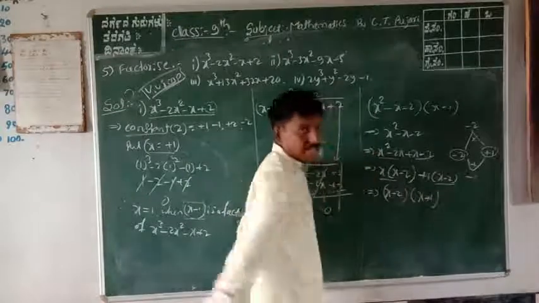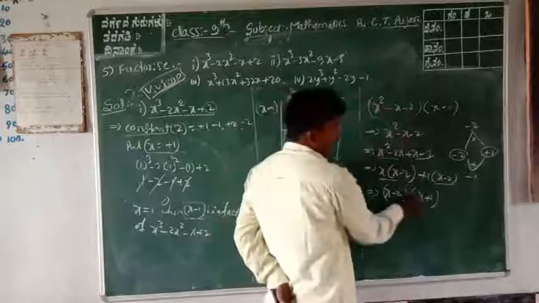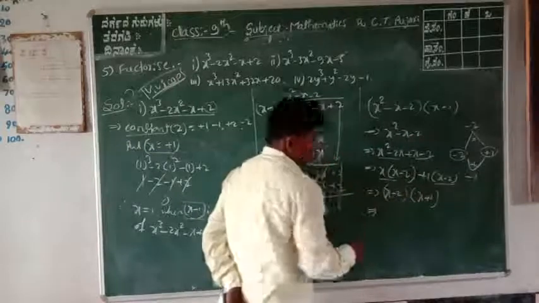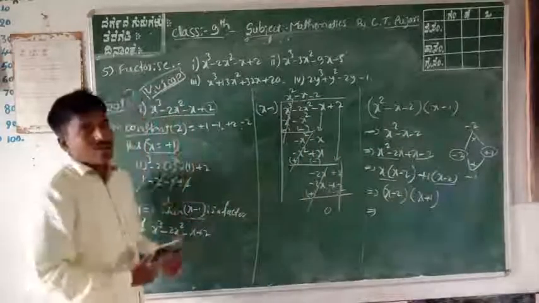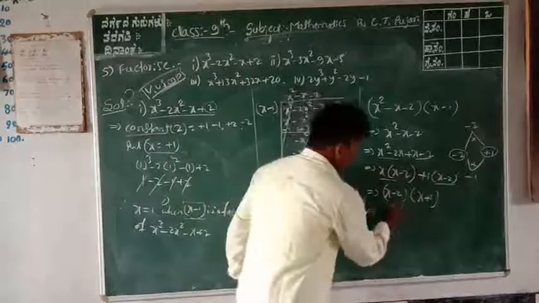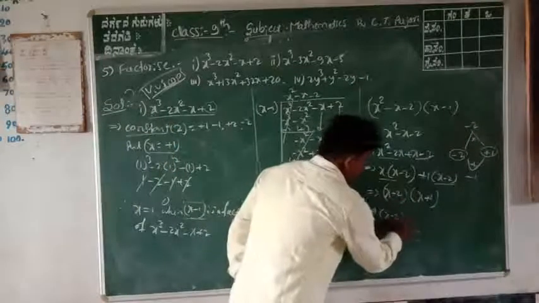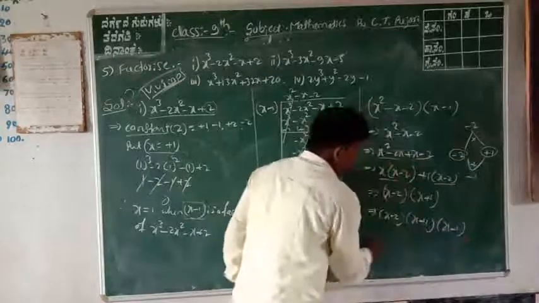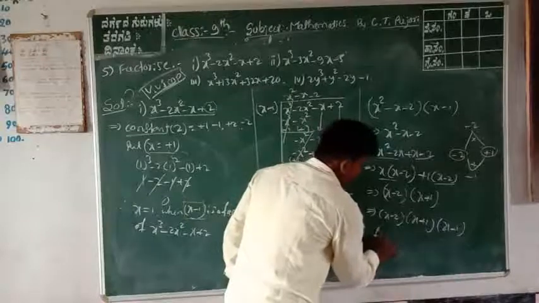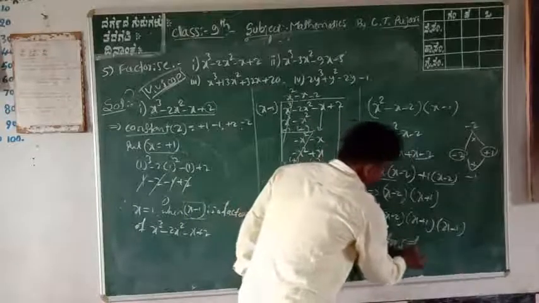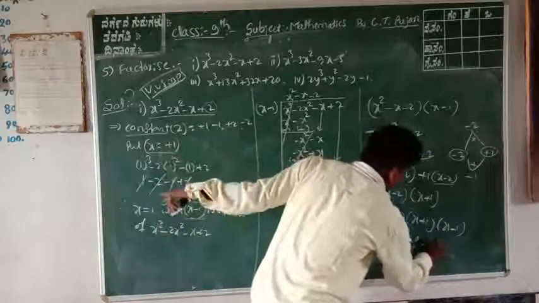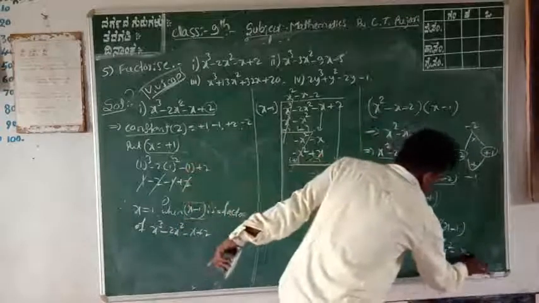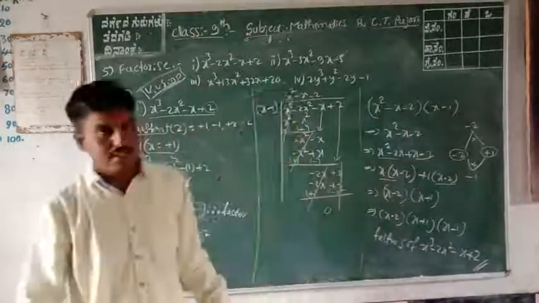So this quadratic has two factors, and altogether this polynomial has 3 factors: x minus 2, x plus 1, and x minus 1. These are all factors of the polynomial x cubed minus 2x squared minus x plus 2. This is your answer. Got it?